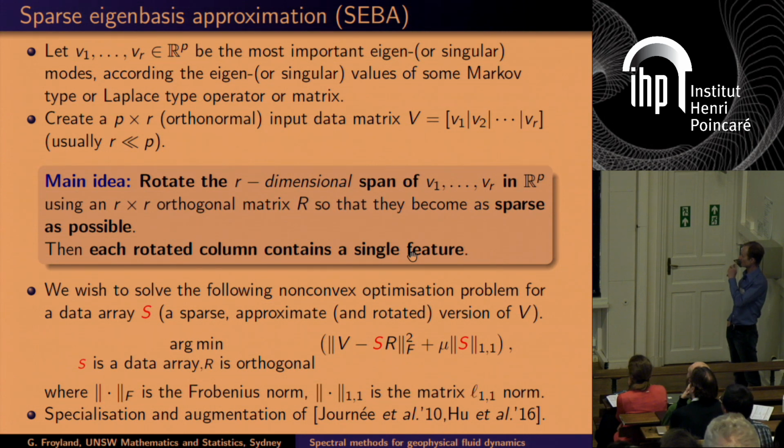So we want to solve a standard kind of sparse problem. R is your rotation matrix. You want to find a basis so that when you rotate it by R, you get something that's close to V. So this is the Frobenius norm. This is your approximation error. And this 1-1 norm is measuring the sparsity of the data array S. So this is your sparsity penalization.